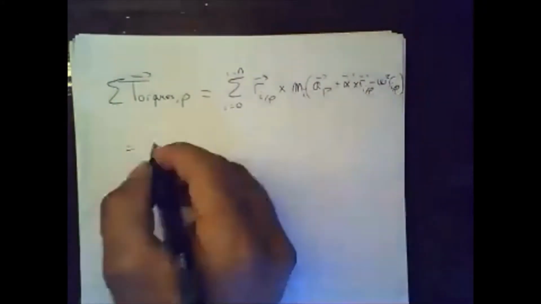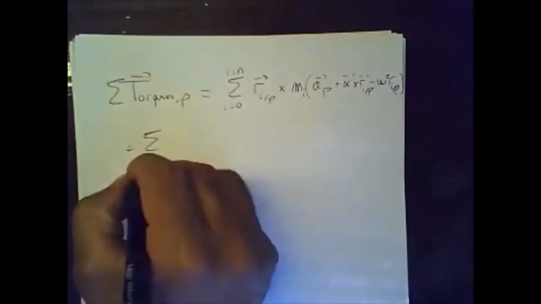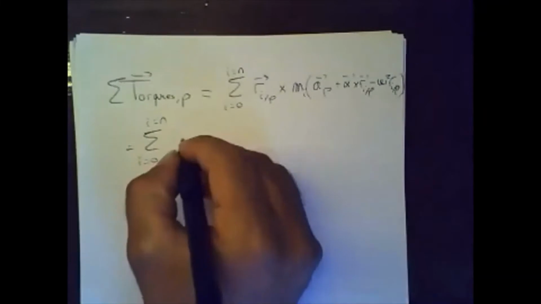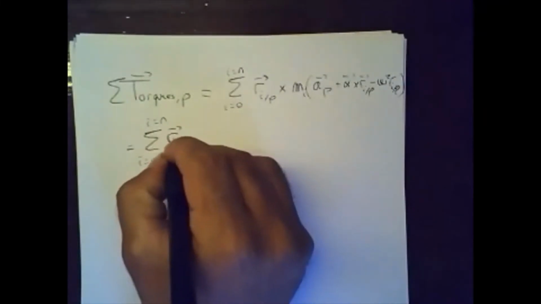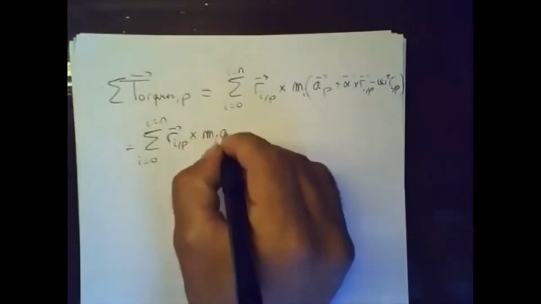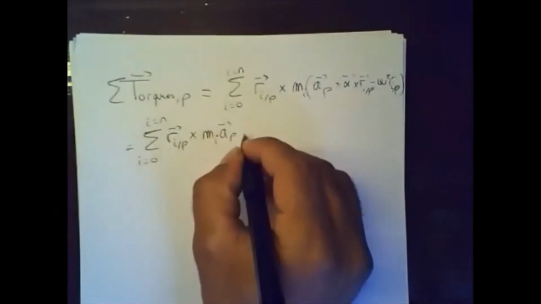So I can basically expand that, right? And this is the sum from i equals 0 to i equals N. So the first one is going to be what? R_i with respect to P cross m_i a_P, right?